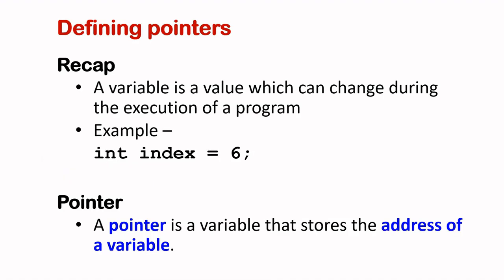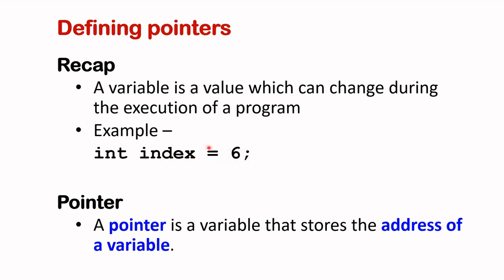Before we define what a pointer is, let's do a quick recap of what a variable is. A variable is a value which can change during the execution of a program. Here I have an example of a variable called index. It is of the data type int, for integer, and I've assigned the decimal value 6 to index.